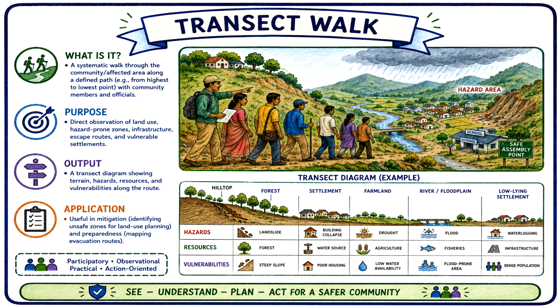During the walk, participants discuss local conditions, identify risks, and document important observations. The information collected is presented as a transect diagram illustrating changes in landscape, hazards, resources, and vulnerabilities along the route.